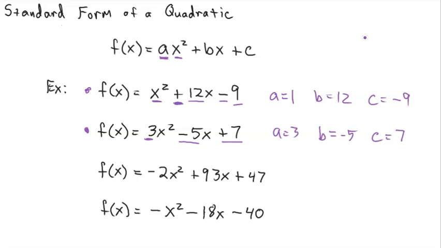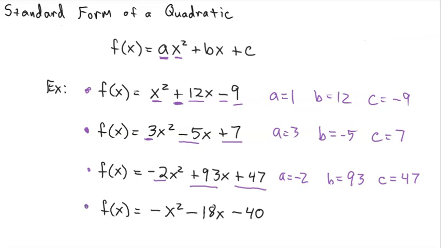All right, and on this third example here, A is negative 2. Now A is negative for this one, and since it's negative, that means it opens down, and it has a maximum, okay? B is plus 93, so that's positive 93. And C is this third number here, plus 47, which means positive 47, okay?